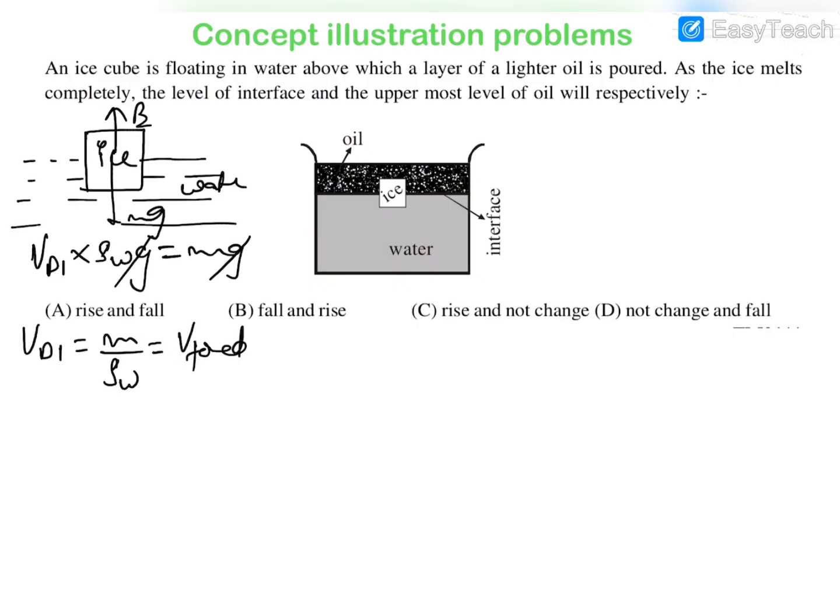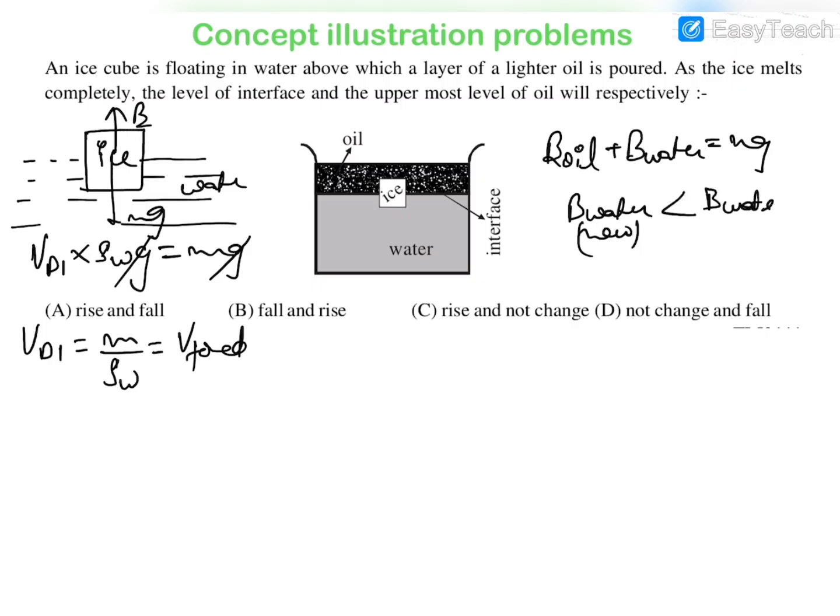But now when this ice is actually floating in the interface, then the buoyancy of oil plus the buoyancy of water will be balancing the mg, and therefore this new buoyancy of water will be less than the old buoyancy of water, which means that the volume of liquid displaced now, Vd2, will be less than the volume of liquid displaced initially.